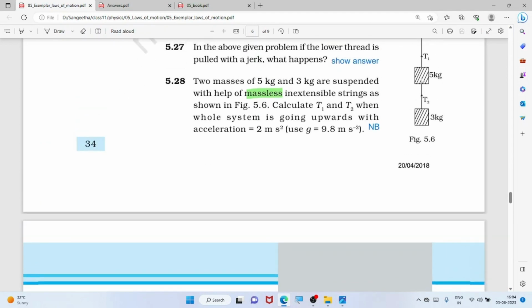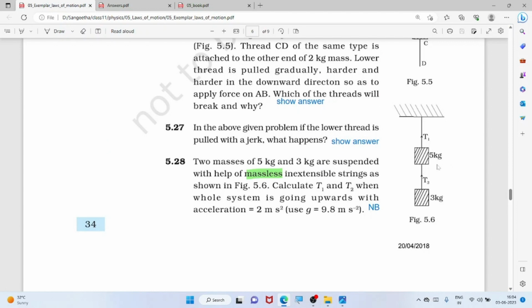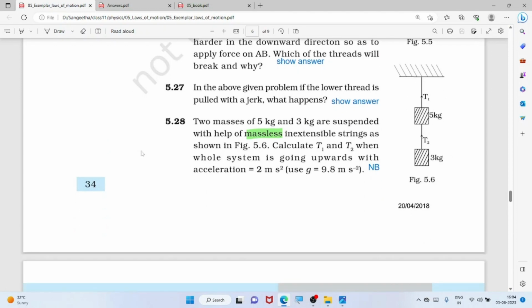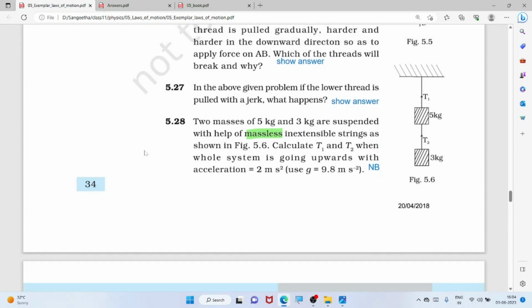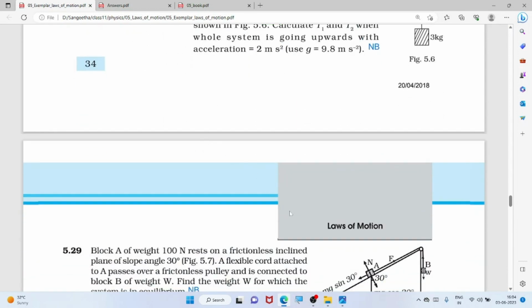Two masses, 5 kg and 3 kg, are suspended with the help of massless inextensible strings as shown. Calculate T1 and T2 when the whole system is going upwards with an acceleration. 5.28.